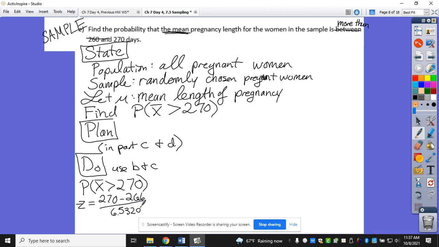And now somebody asked me maybe yesterday about writing out the equation. The reason I'm choosing to skip writing out the equation is yesterday it was P hat minus mu of P hat divided by sigma of P hat. And then now it's X bar minus mu of X bar divided by sigma of X bar. And then in part A, it would have been this.